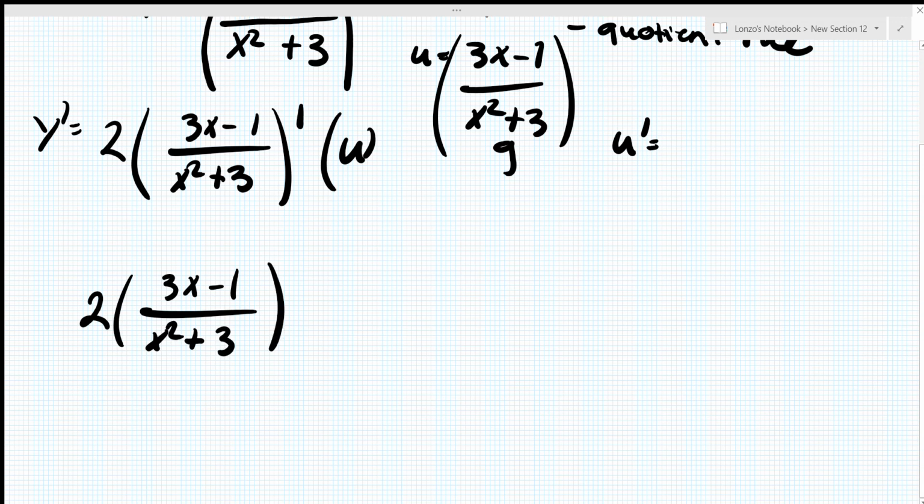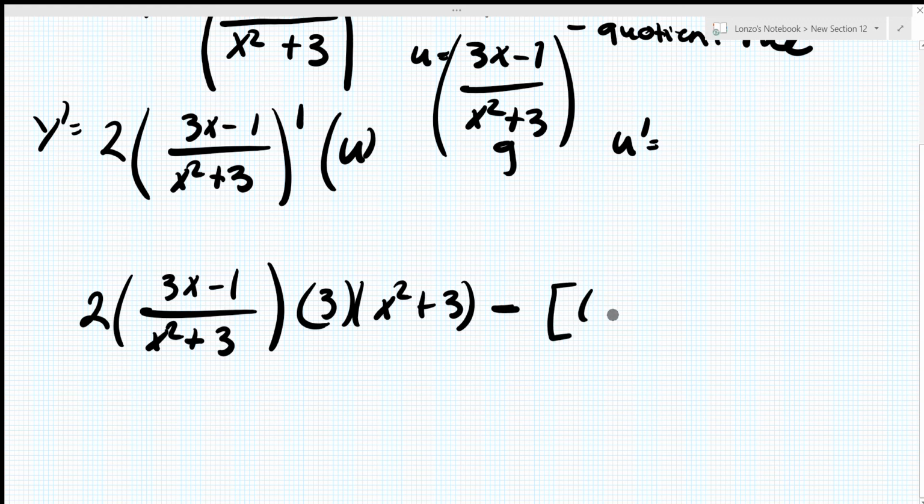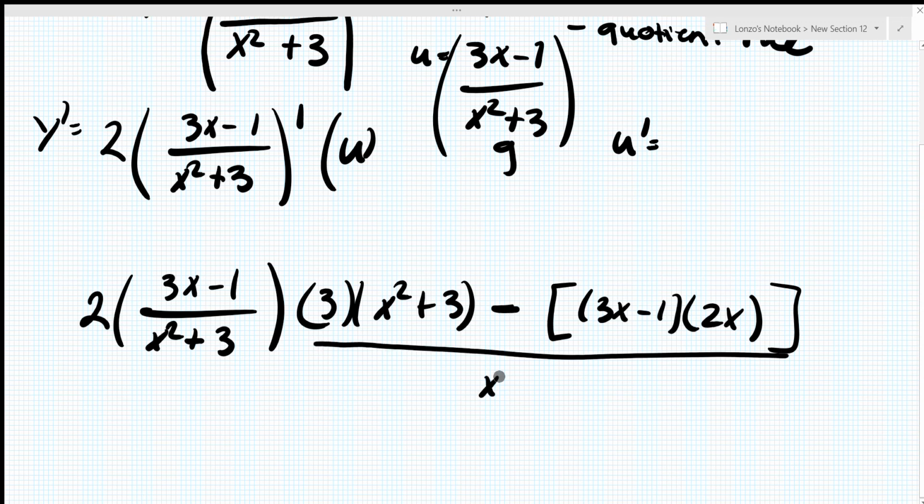And then it's u prime, and u prime is 3 times (x squared plus 3) minus, and I got the minus because I'm using the quotient rule, so it's minus bracket (3x minus 1) times 2x, all over (x squared plus 3) raised to the second power. How I got all this is I used the quotient rule. When you use the quotient rule, this is what you're going to get.